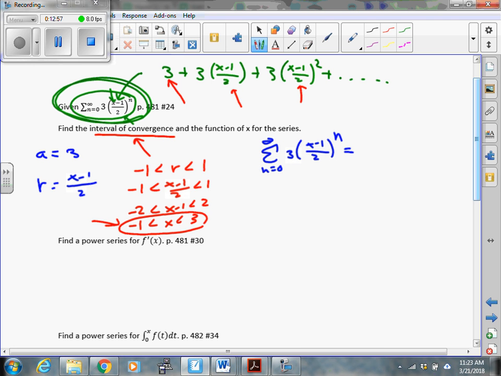Very similar to before, I'm going to take a over 1 minus r. Usually create some fractional work. Be cautionary about this. So I'm going to simplify that. There's my function. This is the actual function. You tell me what x it is, I can tell you what the sum will equal. So I'm going to go ahead and get a common denominator at the bottom.